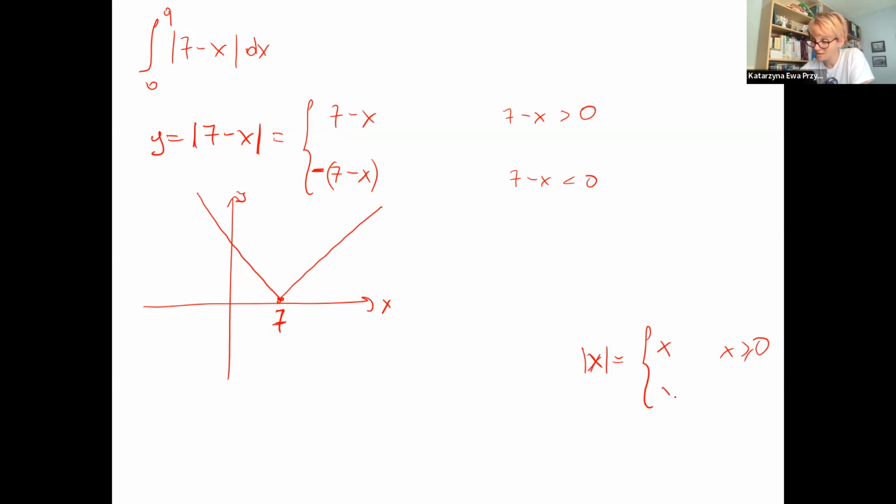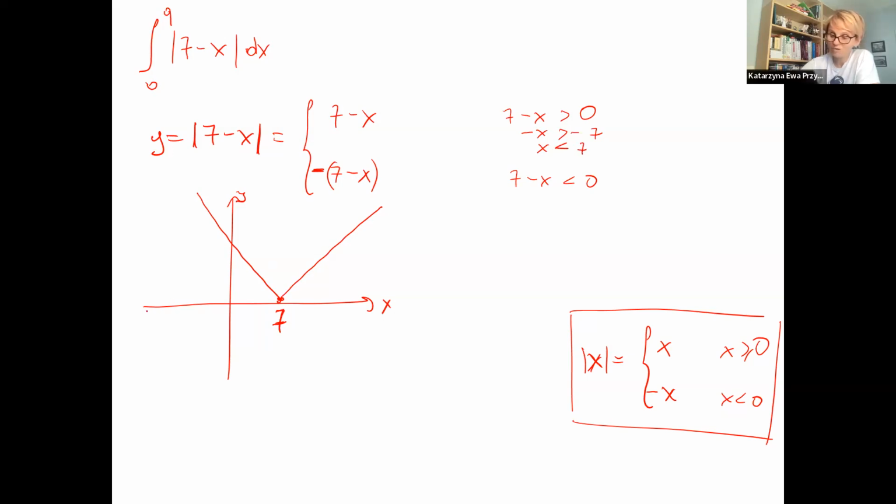If it is negative, then we make it positive. That means this is the definition. Important: for what values of x can I subtract 7? That means x is less than 7. For all the x's less than 7, we will have that function, 7 minus x.